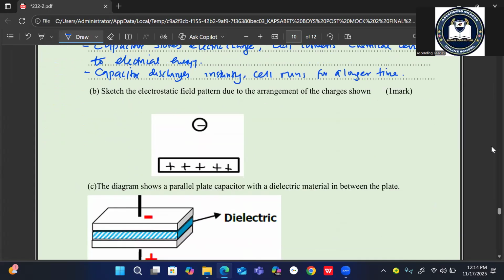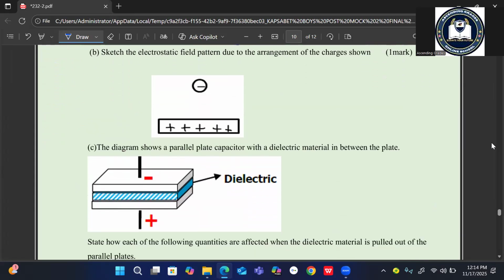You're having a diagram here where you're told to sketch the electrostatic field pattern due to the arrangement of the charges shown.